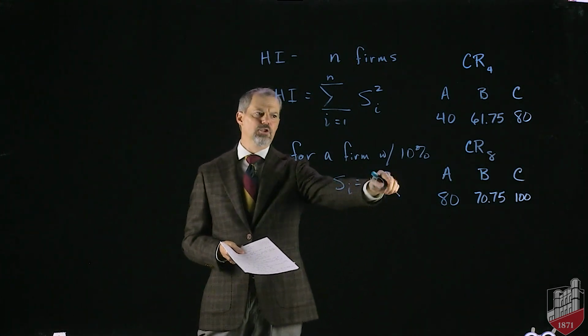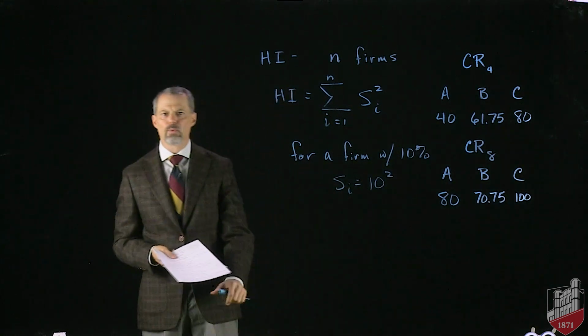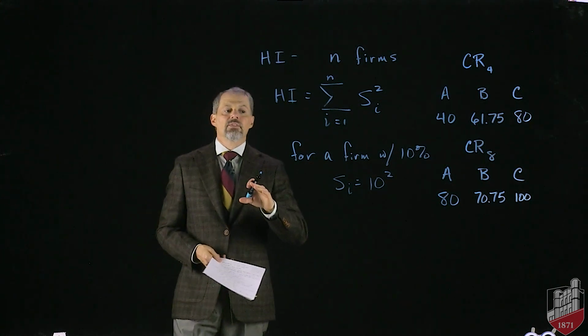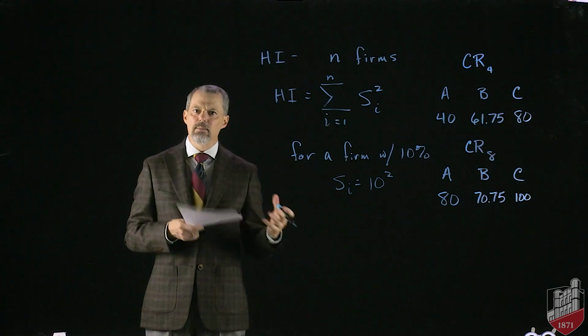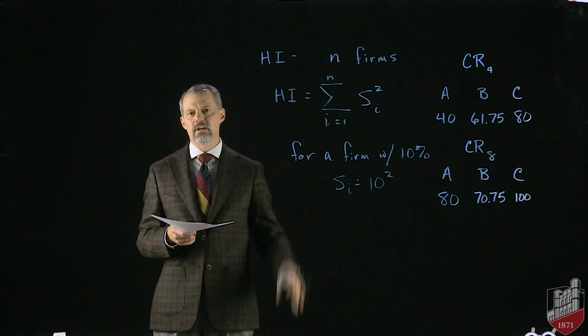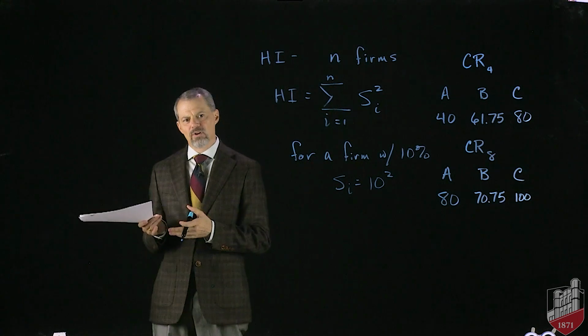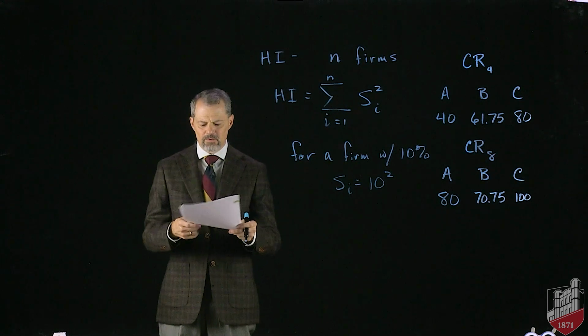I believe usually they're just calculated as 10 squared rather than 0.1. It would simply change the scale of it. So this measure essentially is summarizing a couple of things that a concentration ratio does, and it's accounting for the number of firms and it's accounting for the relative magnitude of those firms.